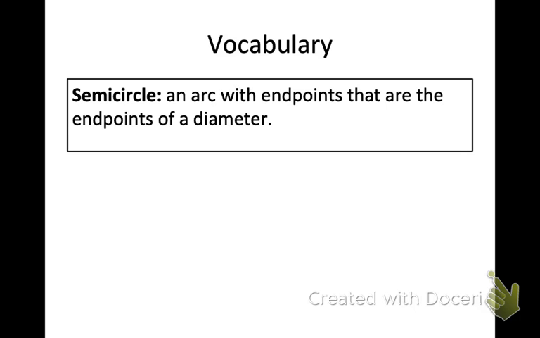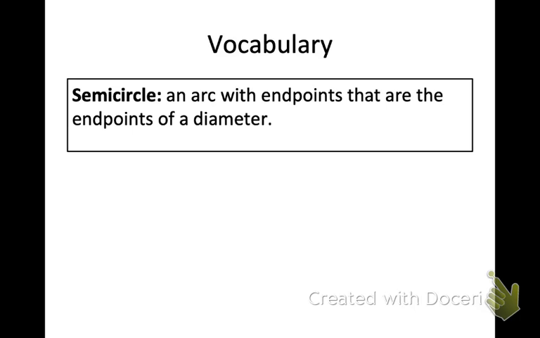And that's going to be the easiest way to decide whether your arc is a semicircle. Are its endpoints the endpoints of the diameter? Because a diameter splits a circle in half. It cuts right through the center. So if your arc has endpoints on the endpoints of the diameter, then it's going to be a semicircle.